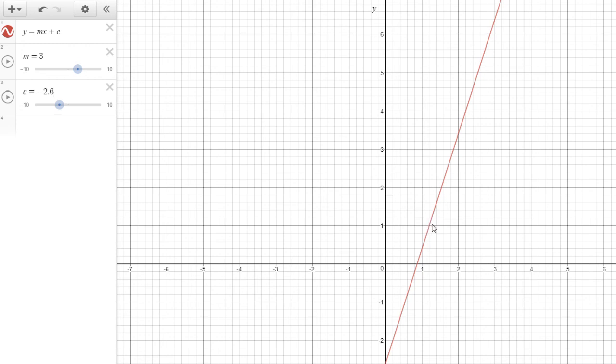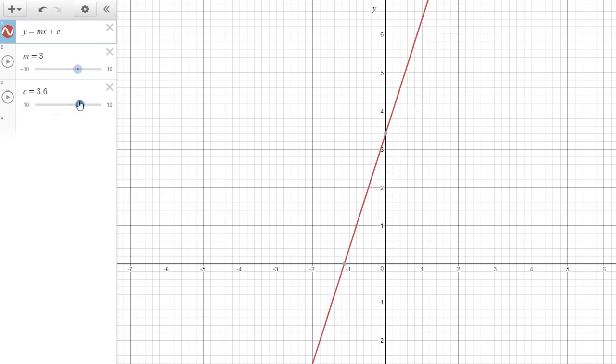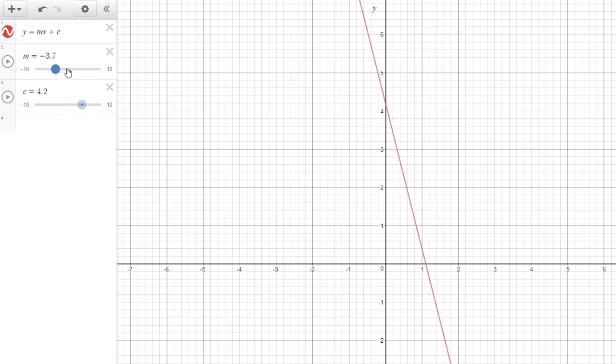So the gradient here is 3, which means you go up 3 and along 1, and the point where it passes the y-axis is minus 2.6, which is here. Okay, so we can shuffle these about, and we can represent any line that we want.